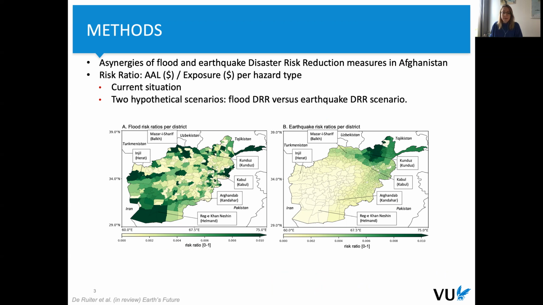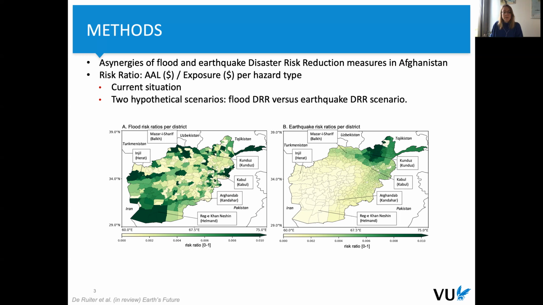With such an upgrade in building materials, floodwaters can less easily infiltrate, while due to the increased stiffness of the building, they are much more prone to damage from earthquakes. In the earthquake DRR scenario, we upgraded all adobe buildings to wood buildings. Due to increased buoyancy, they are more prone to damage from floods, while the use of wood allows buildings to sway along when an earthquake wave hits, which makes them less prone to earthquake damage.